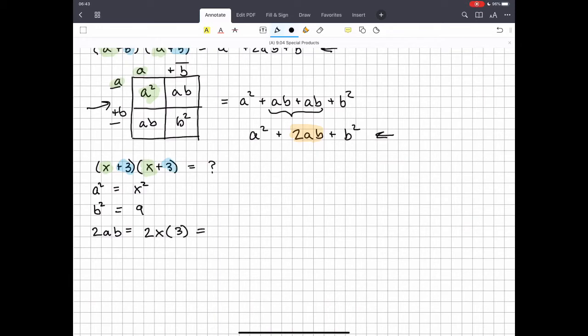And we can simplify that out. 2 times 3 is 6, and 6 times x is 6x. So my answer would be x squared plus 6x plus 9.